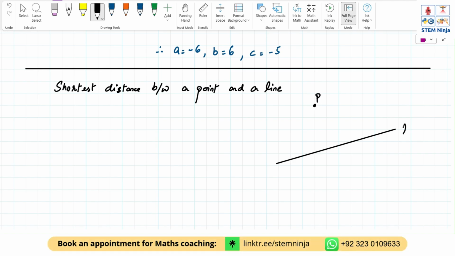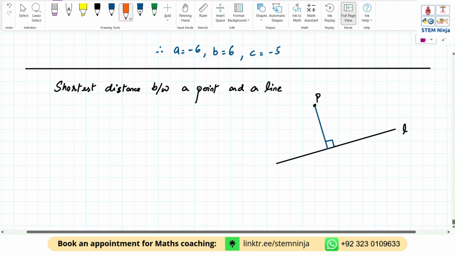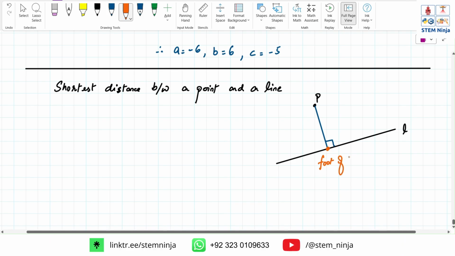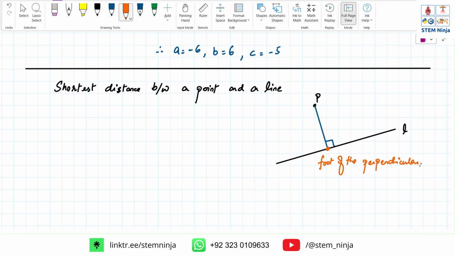Let's call it point P and line L. So the shortest distance between them is actually a perpendicular line segment that joins both the point and the line. And the point of intersection between them is called the foot of the perpendicular. So this is something that we must remember.